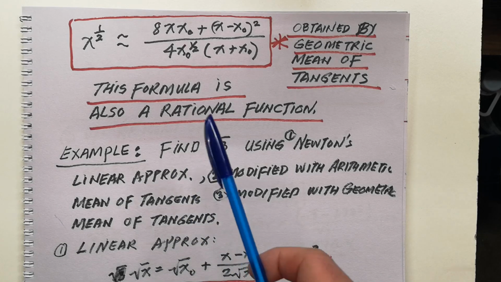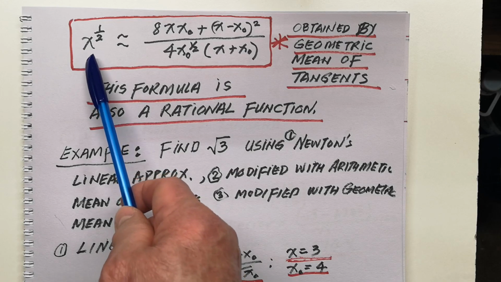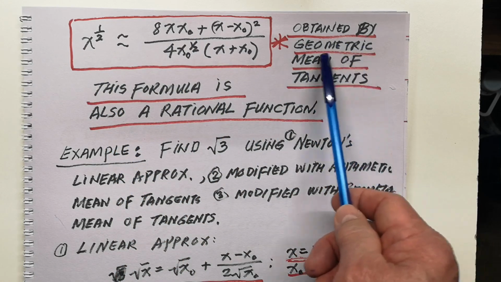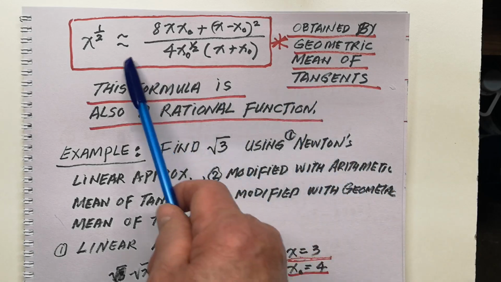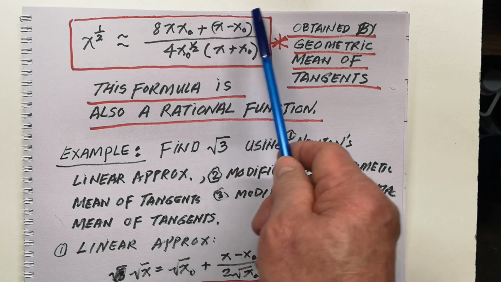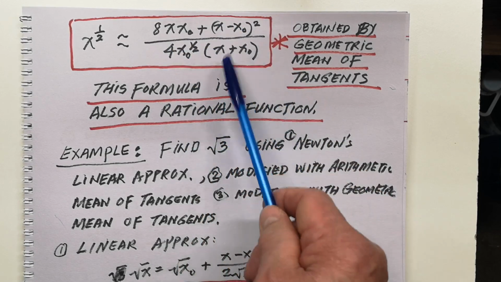Going back to the approximation of the square root of x using the modified geometric mean of tangent, this formula, 8x x sub 0 plus x minus x sub 0 squared over 4x sub 0 times x plus x sub 0.